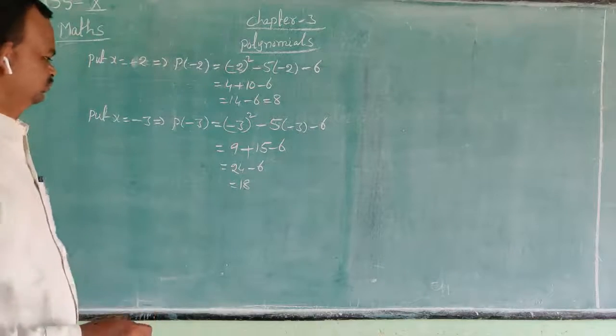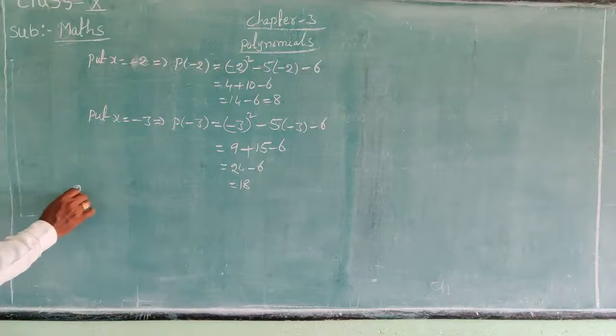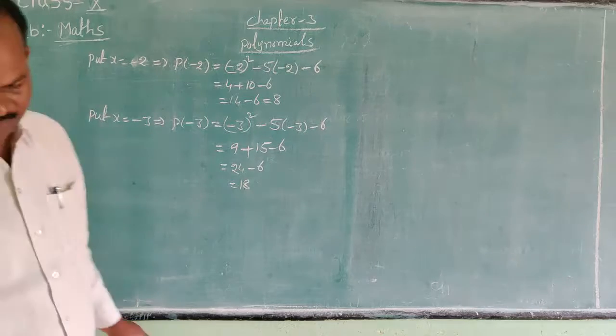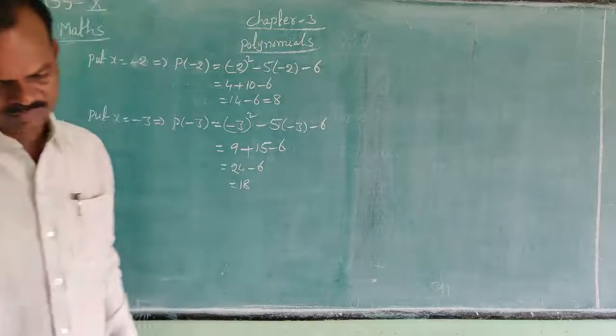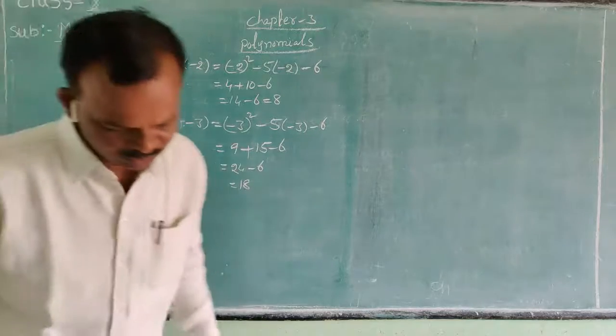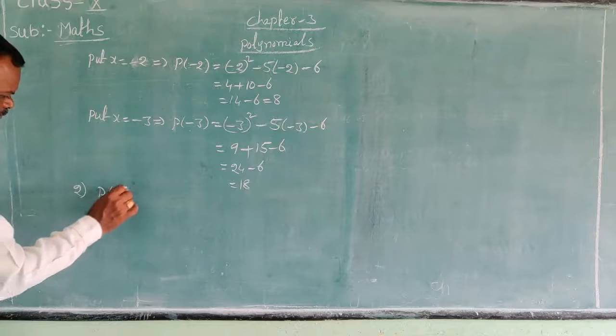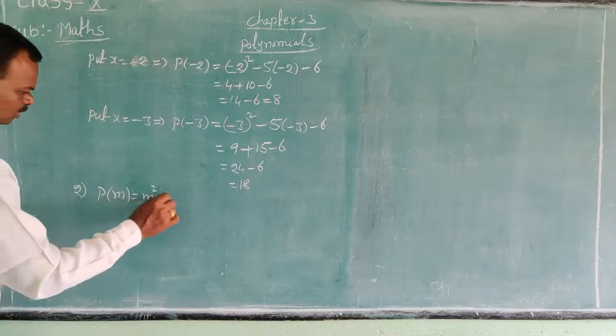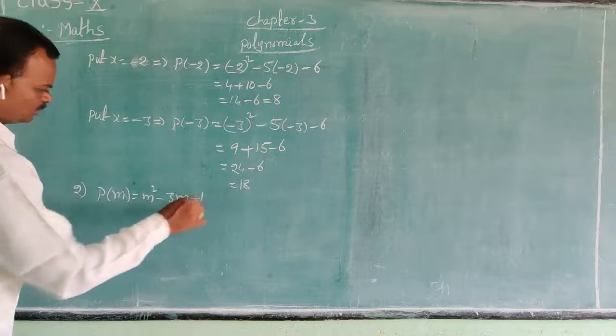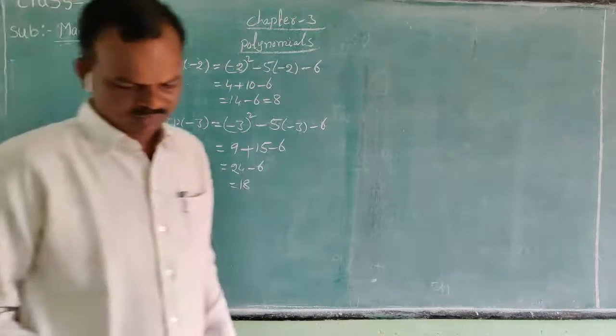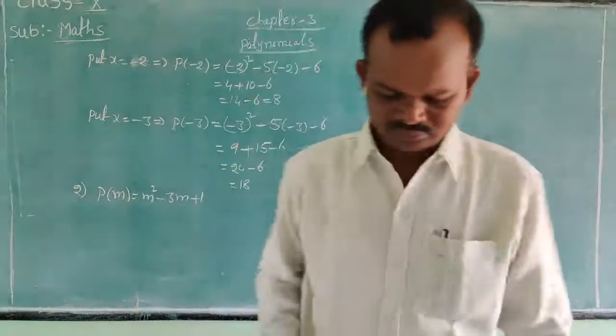Next. P of m is equal to m square minus 3m plus 1.